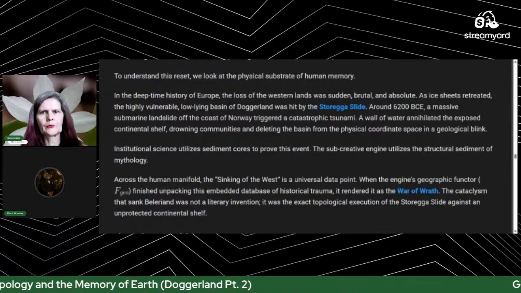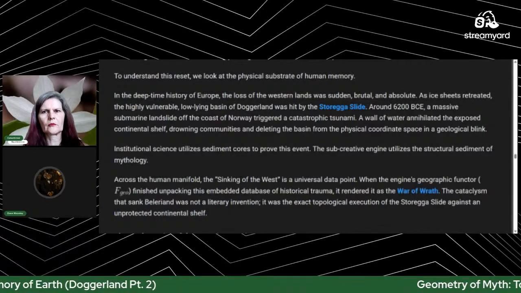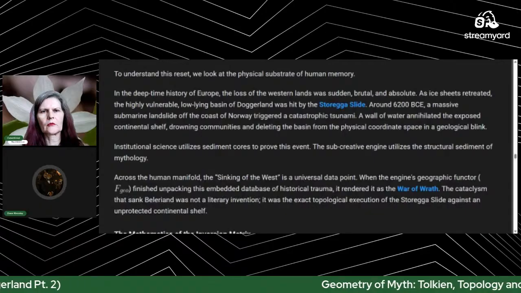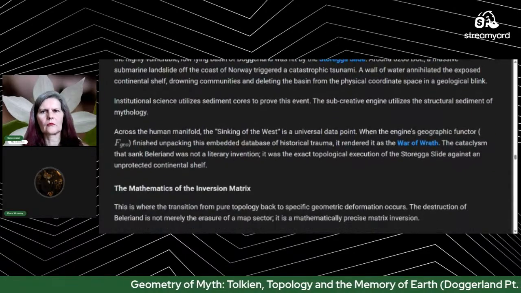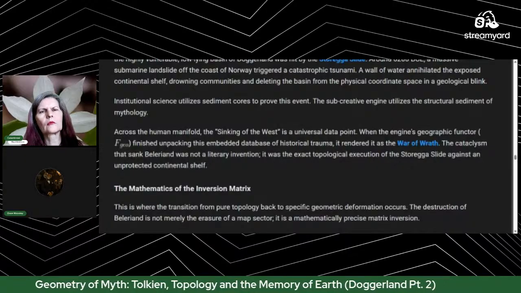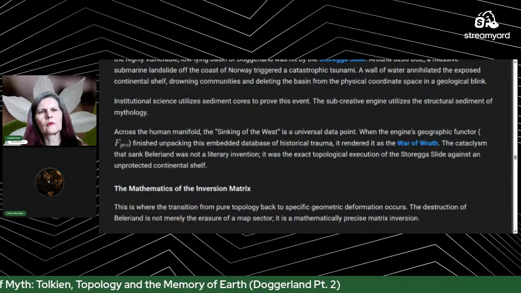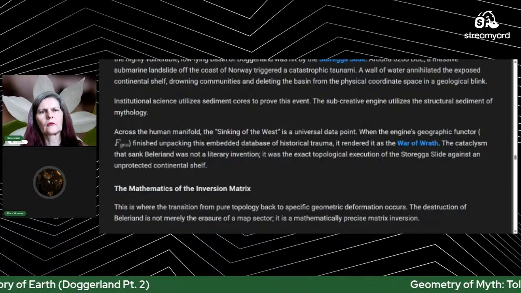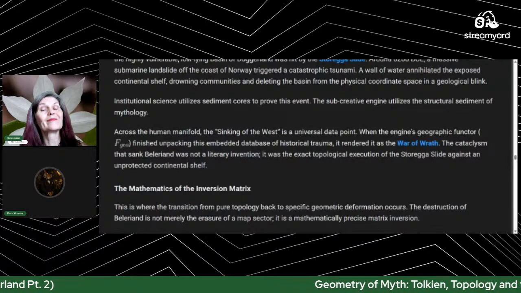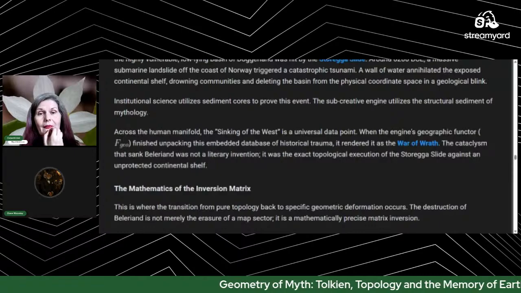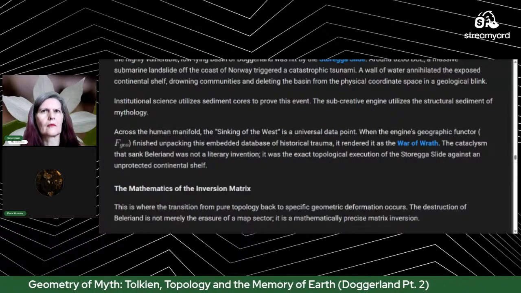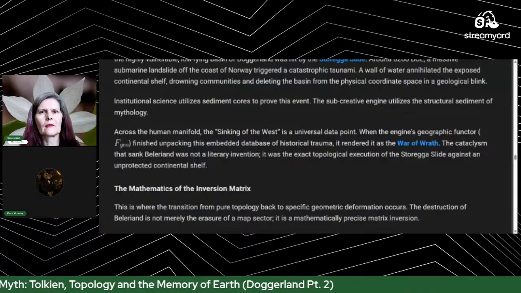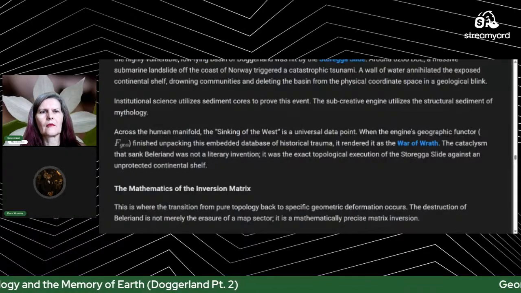Institutional scientists utilize sediment cores to prove this event. The subcreative agent utilizes a structural sediment of mythology. In other words, what actually happened became mythologized. And Tolkien himself, even if he didn't directly track those mythologies, the pattern of this event basically underlies a lot of European culture.